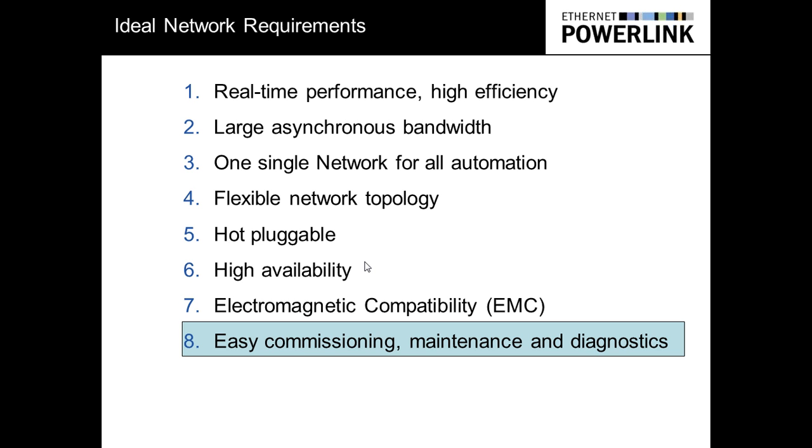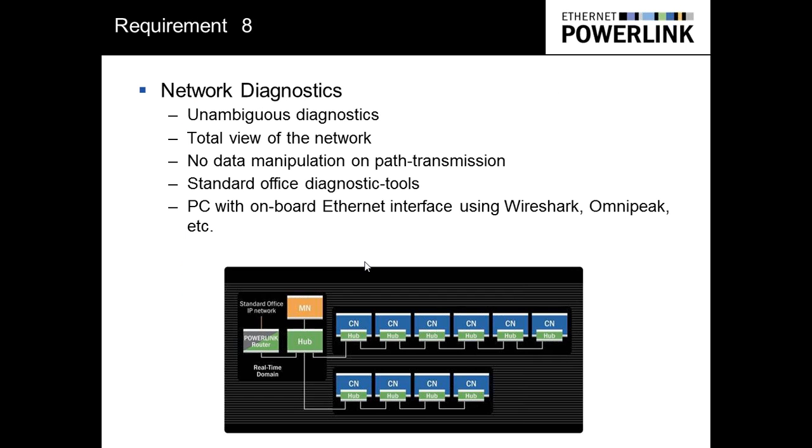So let's look at the last requirement of easy commissioning and maintenance and diagnostics. Again, because we are using standard Ethernet and because we are using hub technology and not switches, I can see all the data on the network anywhere at any time.